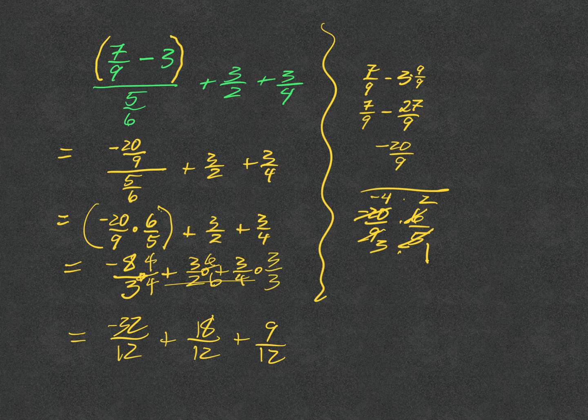And that's how I got the numerators. And then I would just finish. I could add the numerators. So that negative 32 plus 18 is negative 14, plus 9 is negative 5/12. All right. And there's your order of operations.